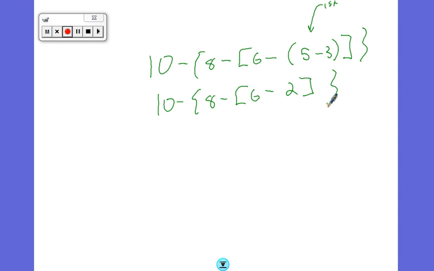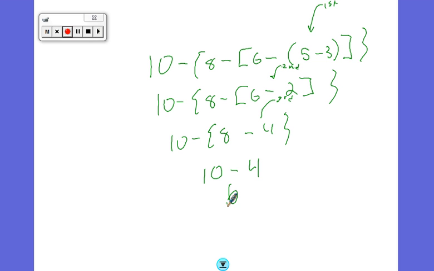Now, 6 minus 2, this is our second. Now 8 minus 4. We have to clear out all that stuff. 10 minus 4. The answer is going to be 6.